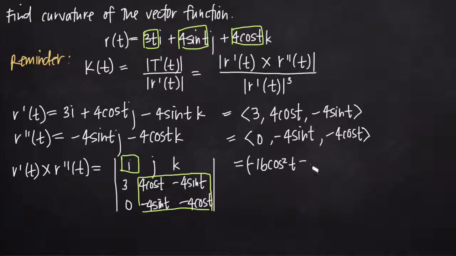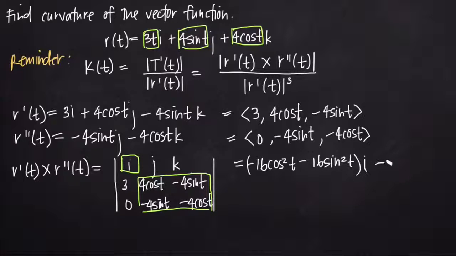Then we're going to subtract from that the lower left times the upper right. So negative 4 sine t times negative 4 sine t is a positive 16 sine squared t. And even though that was positive, we always subtract this product from this product. So we have this negative sign still in front, and we multiply that by i.